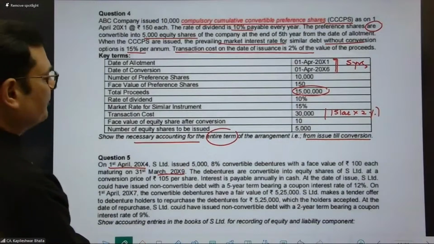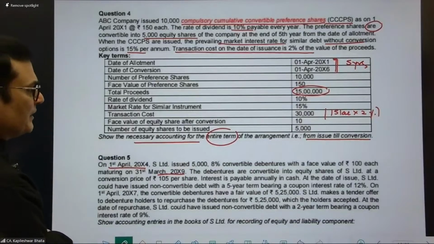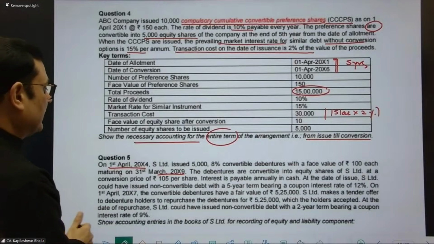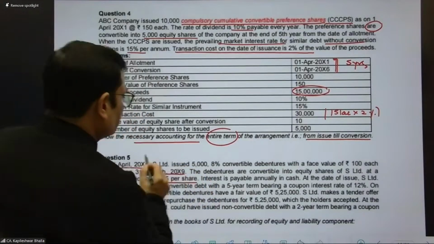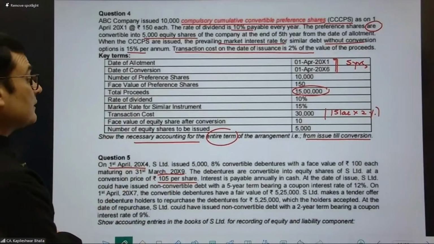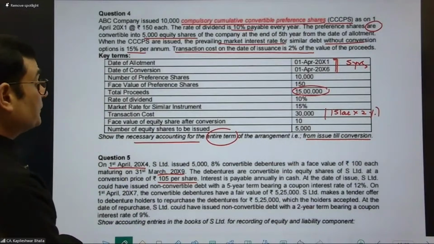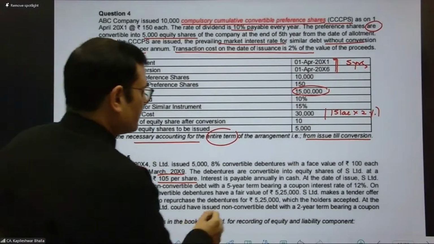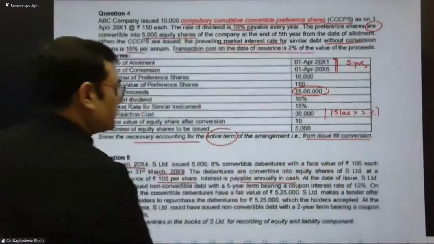That means a period of 5 years. The debentures are convertible into equity shares at a conversion price of 105 per share. That means the debentures are convertible at a premium. Interest is payable annually in cash, so the interest is paid in cash.